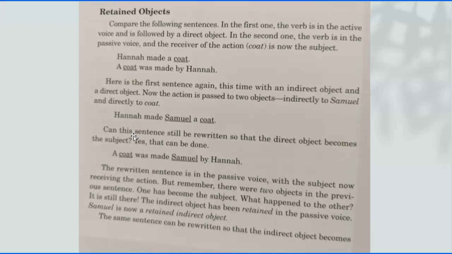This rewritten sentence is in the passive voice. The subject is receiving the action, but there were two objects in the previous sentence, Samuel and coat. So the question here is what happened to the other, and the other shows up right here by Hannah. Now, the argument by some is that that is still an indirect object.